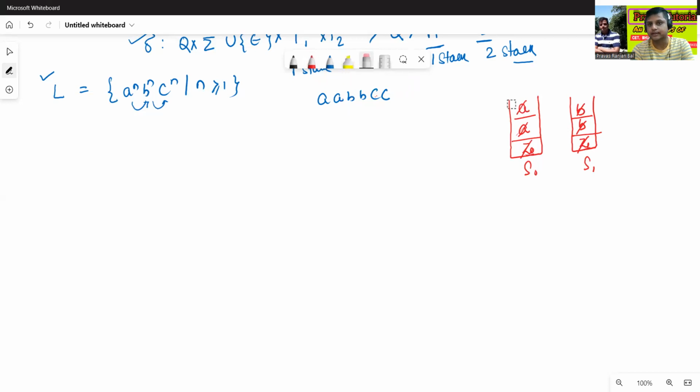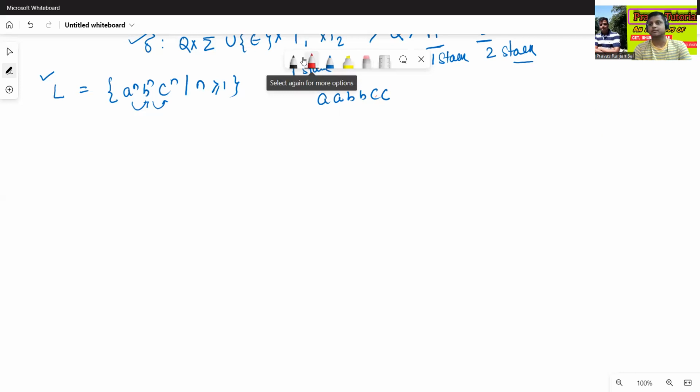Now we'll design the transition function. We can also construct a transition diagram, but here we'll construct the transitions for the push down automata, just like what we designed in the previous classes for push down automata.